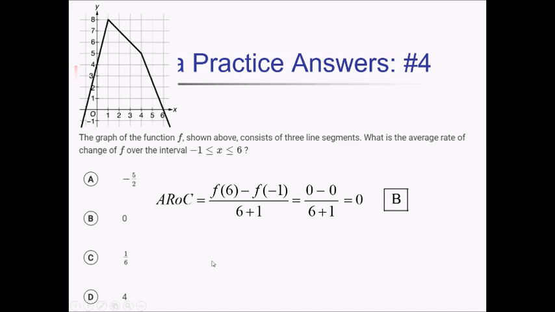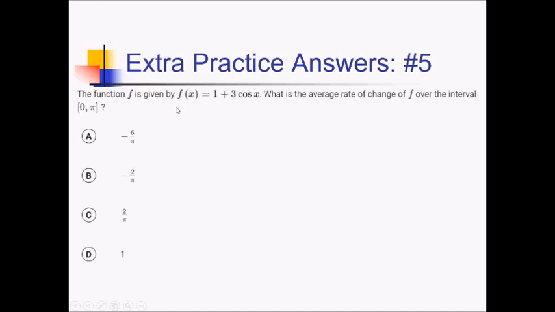B. For this problem, we're given a function f as 1 plus 3 cosine of x. We want the AROC, the average rate of change of this function, over the interval from 0 to pi. So our general setup, we're just going to use basically a slope formula here from one end of this interval to the other. So we've got f of pi minus f of 0 over pi minus 0. f of pi is going to be 1 plus 3 times cosine of pi.